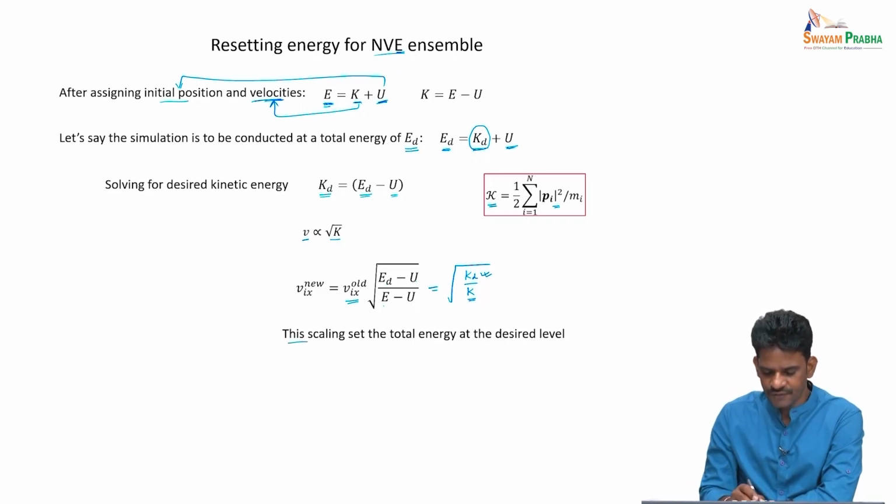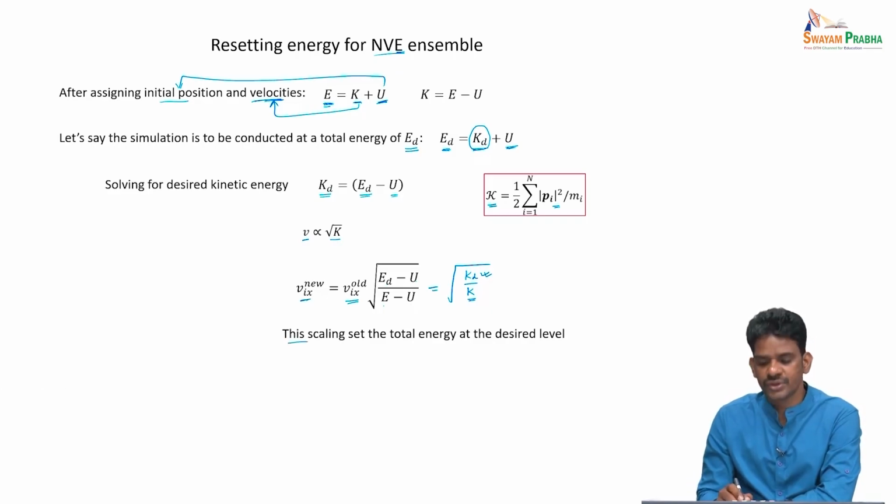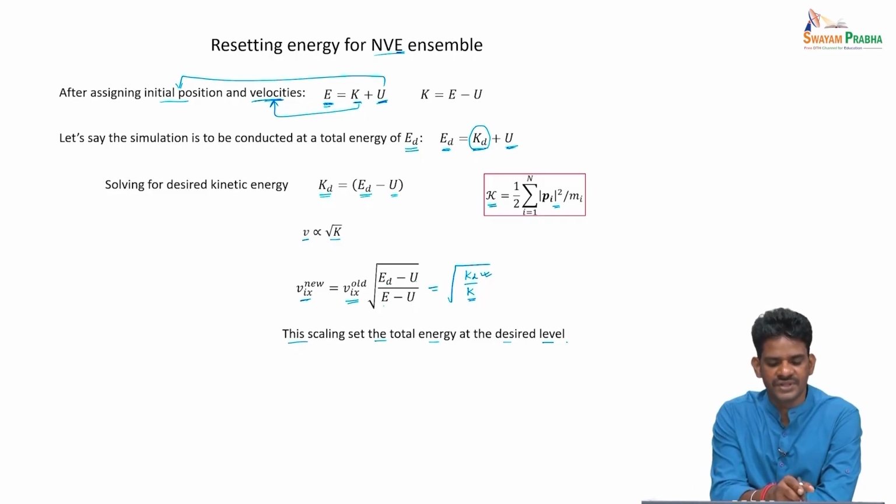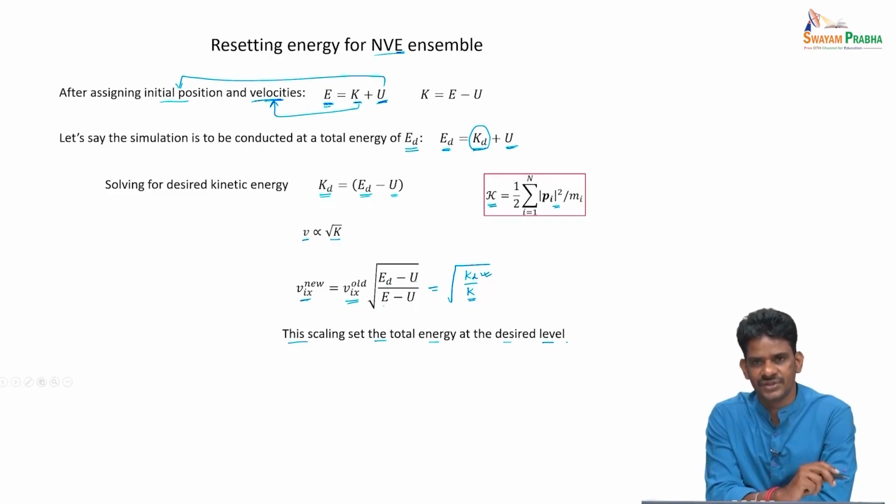So, this scaling of the velocities proportional to the square root of Kd by K will set the total energy at the desired level, even though we would have started with some initial random positions and random velocities.